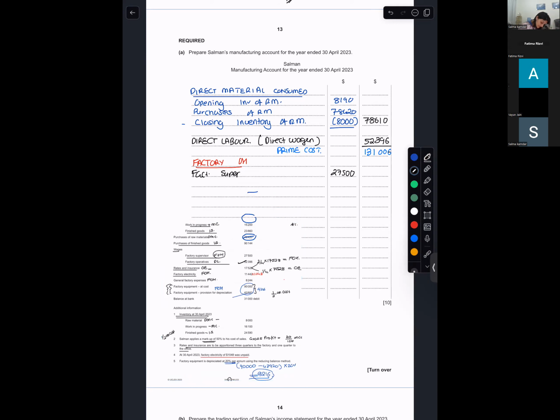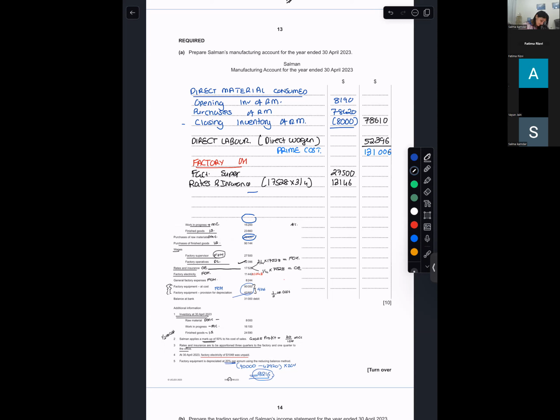Rates and insurance has a bifurcation. So 3/4 times rates and insurance of 17,528, which makes 13,146.